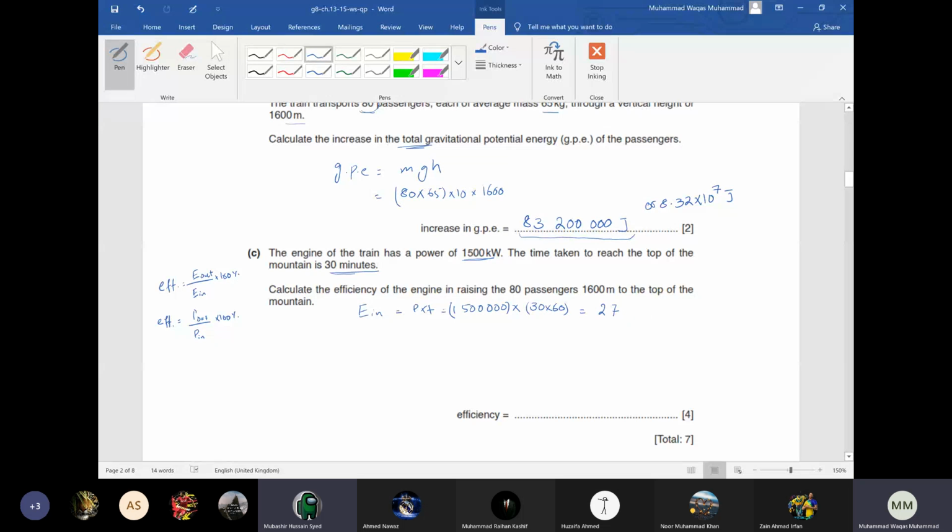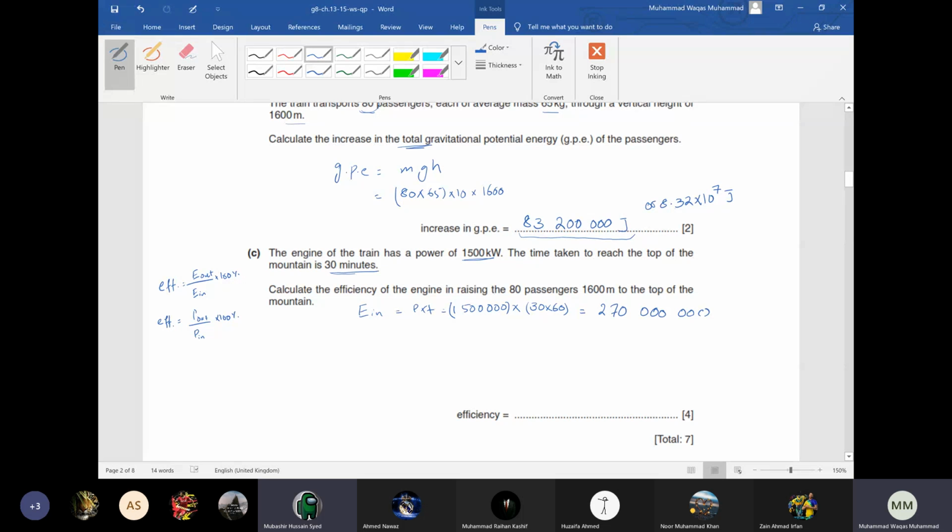You get 2,700,000,000. How many zeros, beta? Seven zeros, so it will be 270 million, right? No, I think, beta, it's 2,700,000,000.